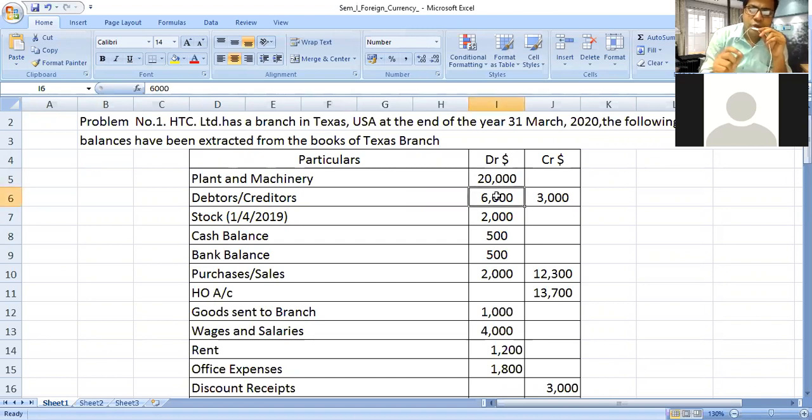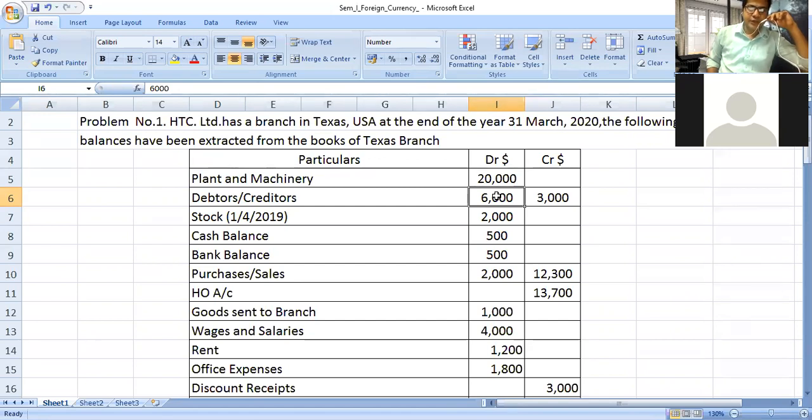Now, one thing you have to keep in mind: whenever a company's branch provides the information regarding the closing trial balance, it means such a branch depends on its head office.